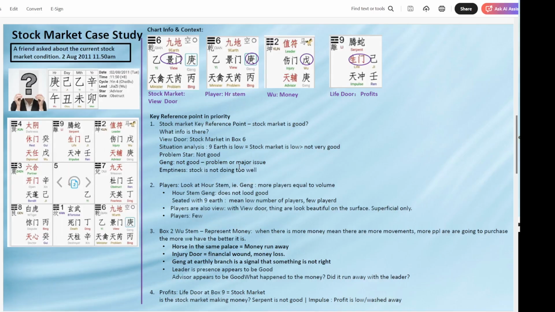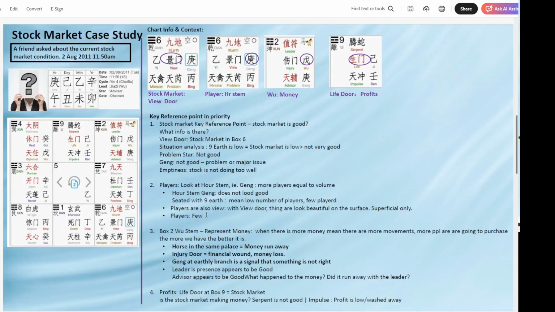When the players are with Nine Earth, that means it's low, right? Because Nine Earth is representing something low. It's low players, that means a low number of players, not enough players. A market with low players means it's not good, people are not actively buying and trading.